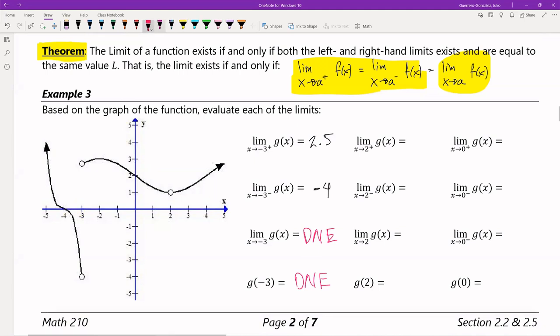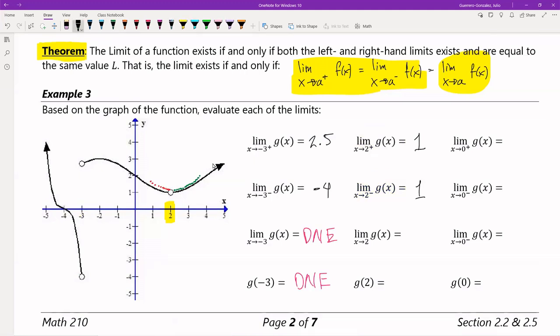Let's try this again. We're going to do the limit as x approaches 2 from the positive side of g of x. I'm trying to approach this x value from the positive side, so dot, dot, dot. It looks like my y values are heading toward 1. Same thing from this side: the limit as x approaches 2 from the negative side. Dot, dot, dot, dot. Same thing, my y values are approaching 1.